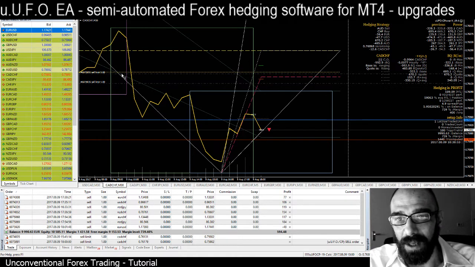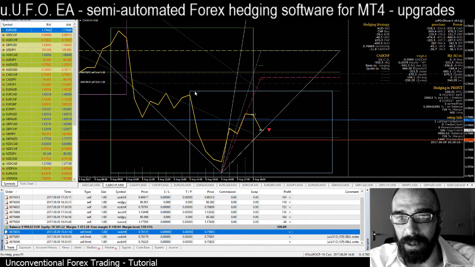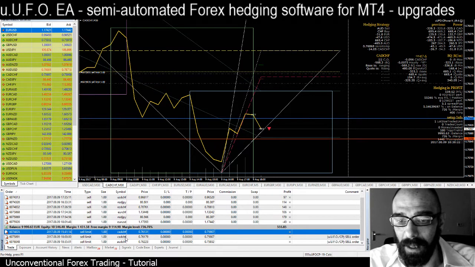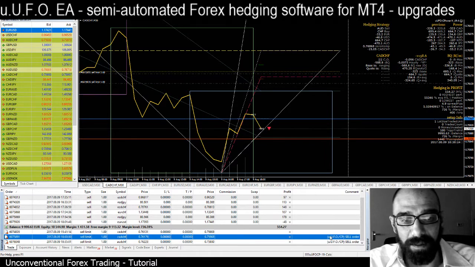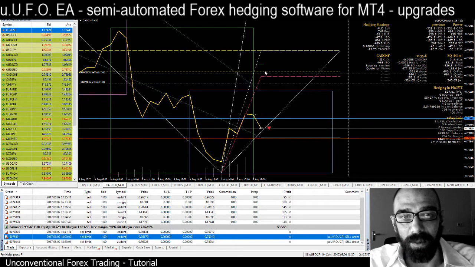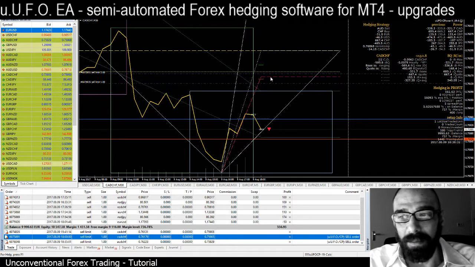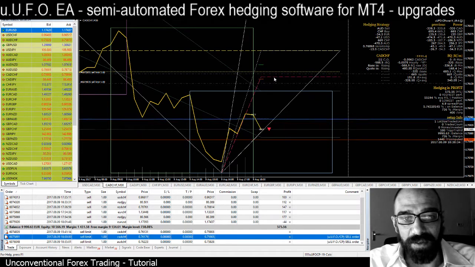So see here we have a sell limit that I put manually, which is this one, and there is also a sell limit created by my system automatically at this level, which is ranging, and that can also be upgraded if this is shifting drastically.